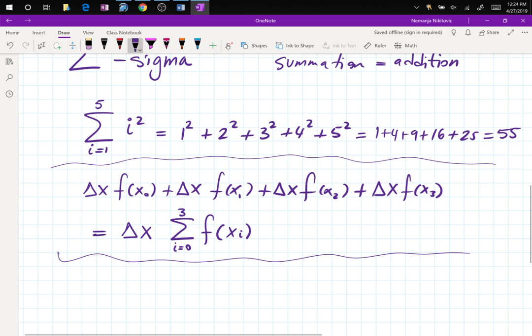Now one of the properties that we want to know is that the summation, let's say I starts at 0 and goes to n, whatever, of f of some I plus or minus g of some I, you can break this into separate sums.